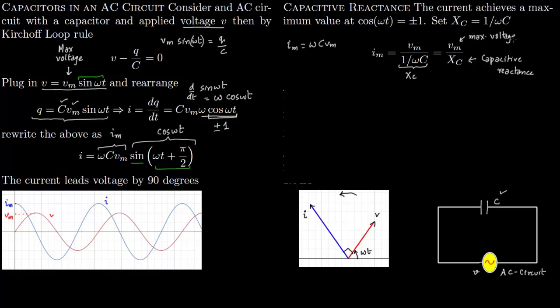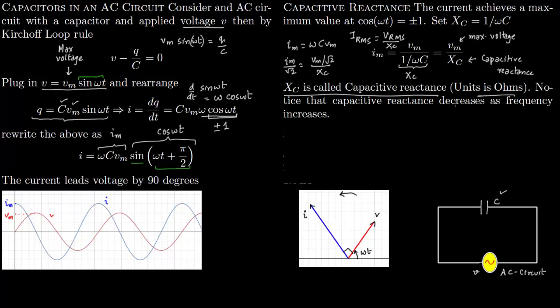Now you can divide both sides by root 2. So Im by root 2 is equal to Vm by root 2 divided by Xc. This immediately gives you that Irms is equal to Vrms by Xc. So this Xc is called capacitive reactance.